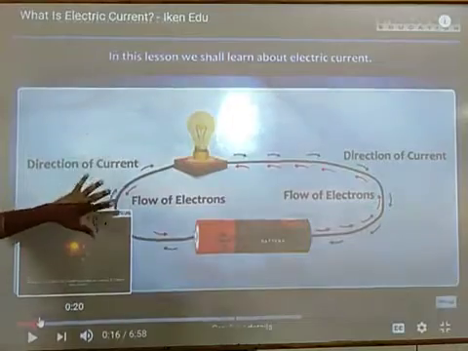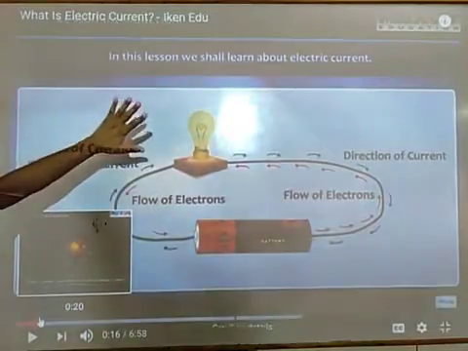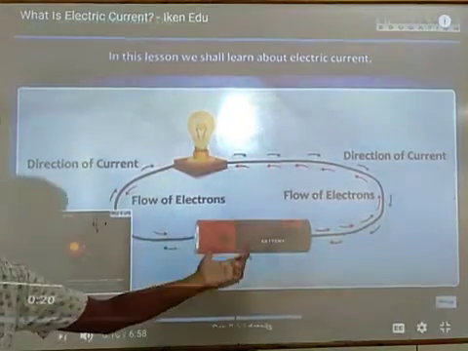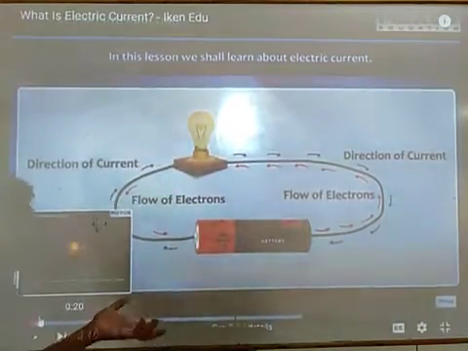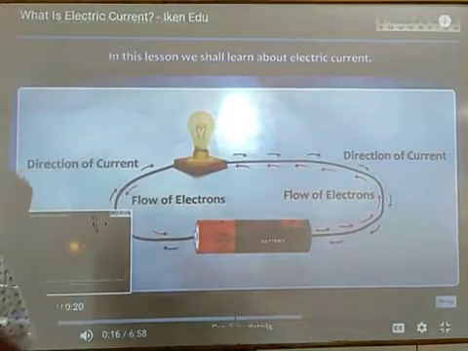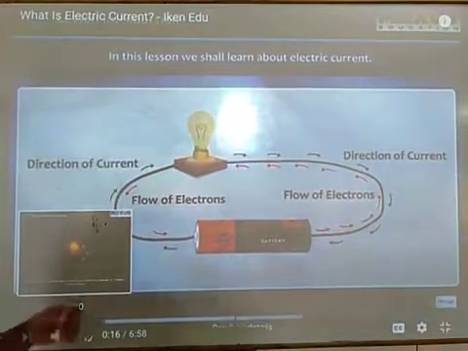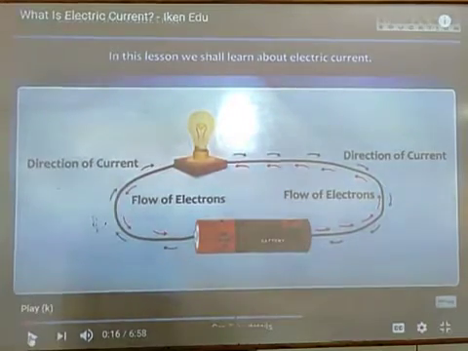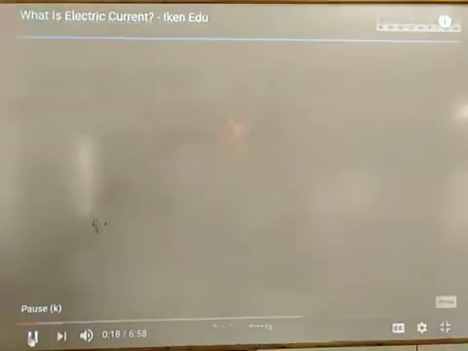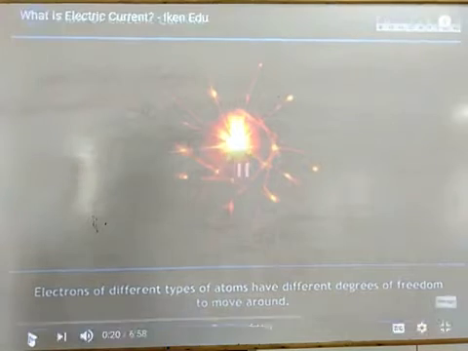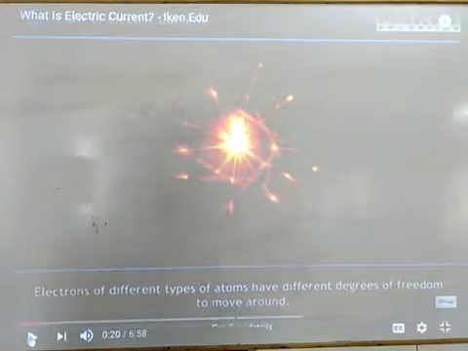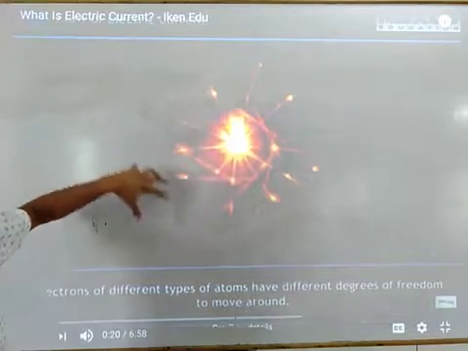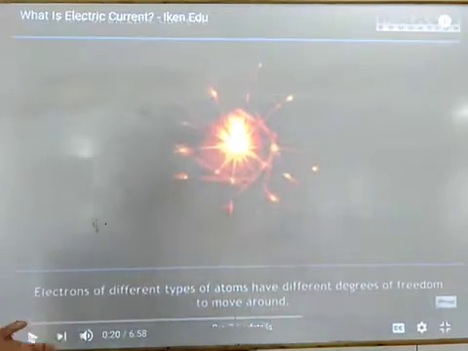Students, as we have studied, for a flow of current there is a requirement of a battery, connecting wires, and many other things. But we are discussing some basic concepts. Let us start with this video. In this video, we can see that the atom consists of a nucleus at the center and electrons revolving around it.